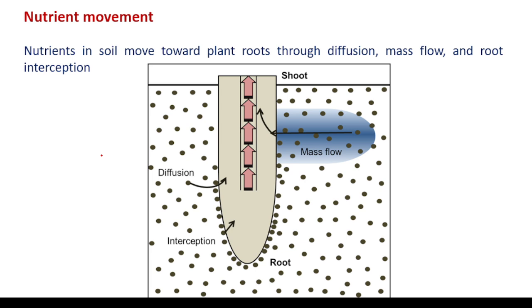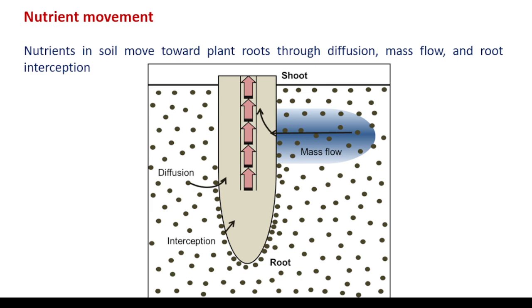Now, how do nutrients move in a soil? We have learned how many nutrients are essential, what the beneficial elements are, what the functional nutrients are, and in which form nutrients are available.